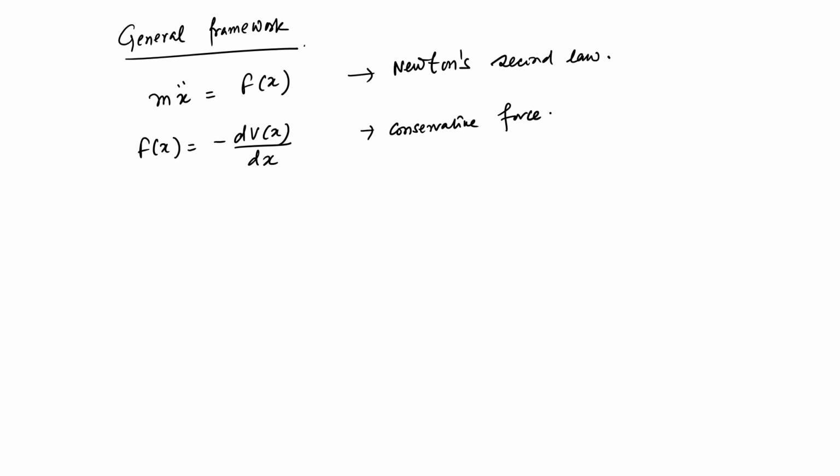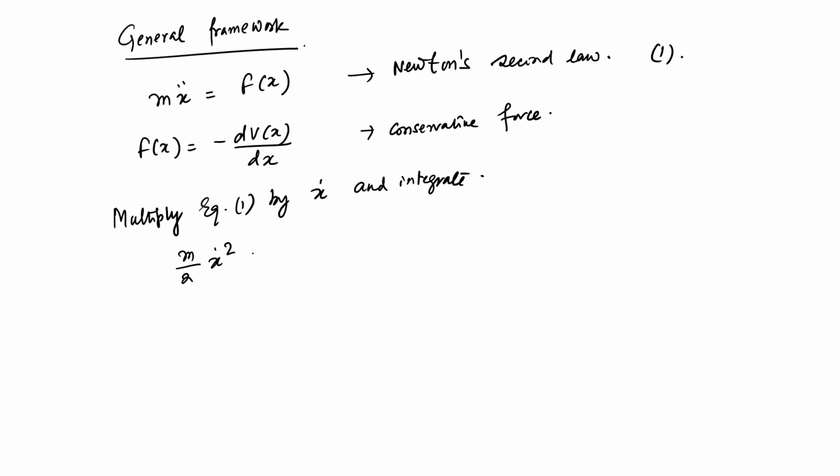And so, what you do is that if you take this as equation 1 and if you multiply equation 1 by x dot and integrate, then what we have is m by 2 x dot square plus v of x equal to E, which leads to the conservation of energy.